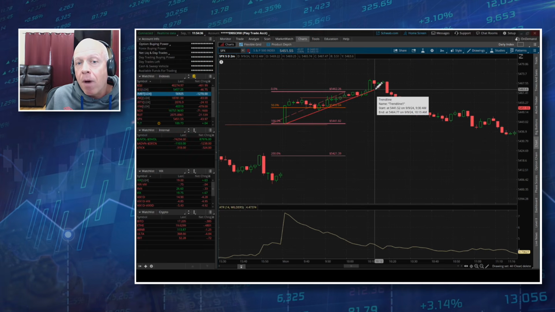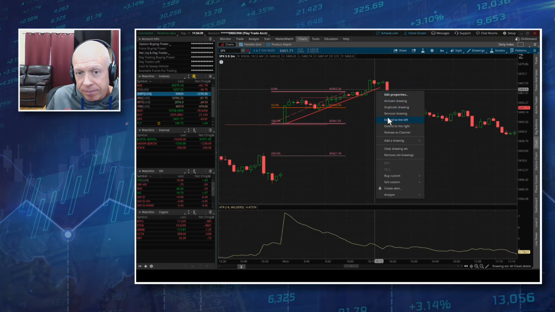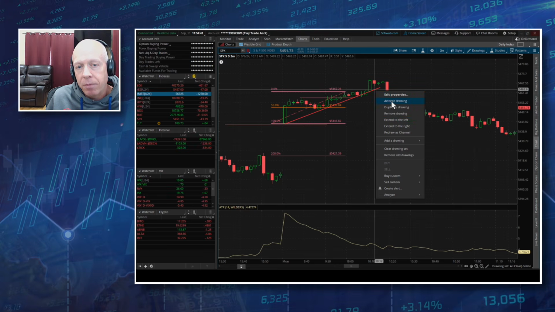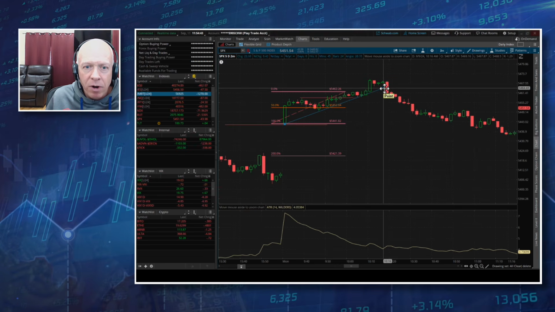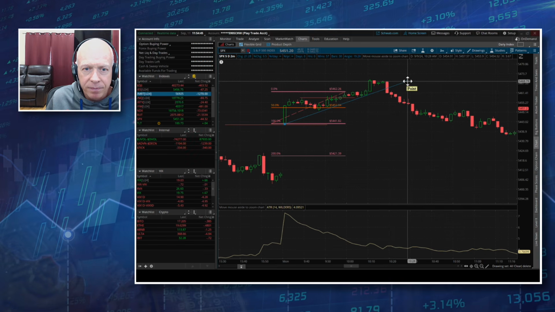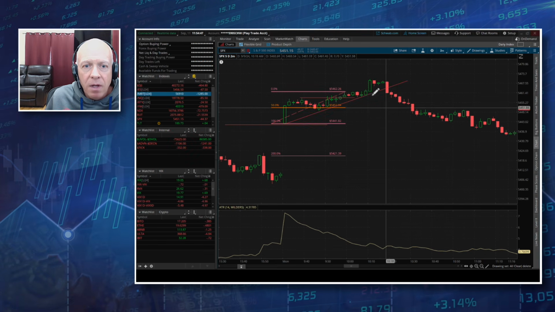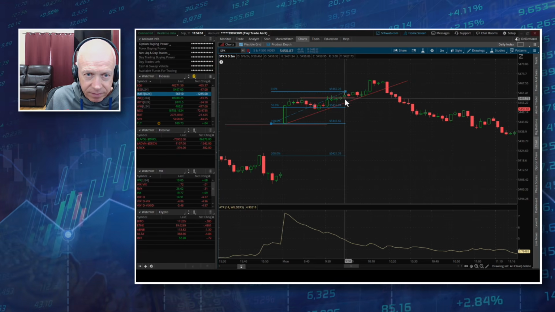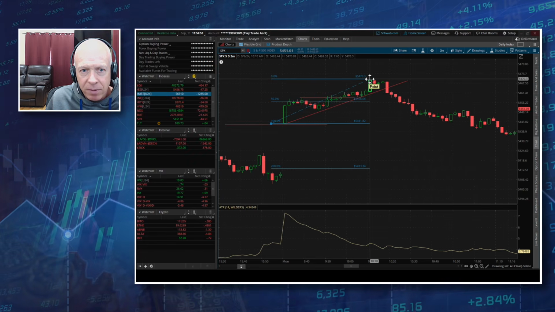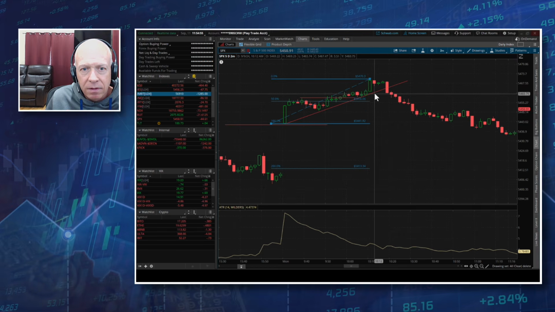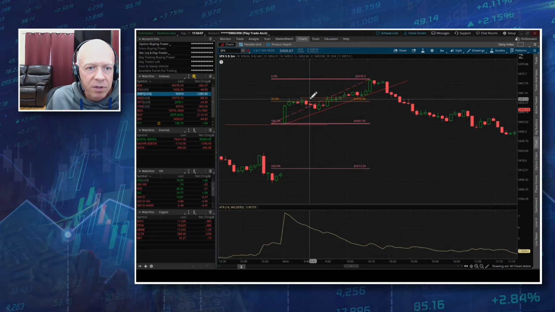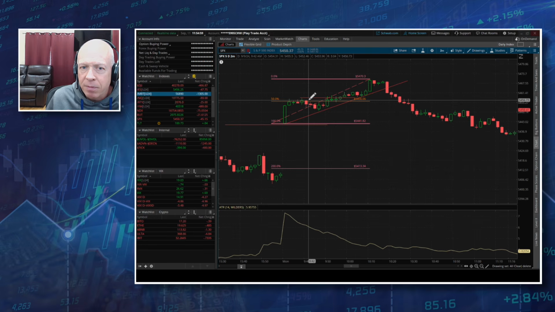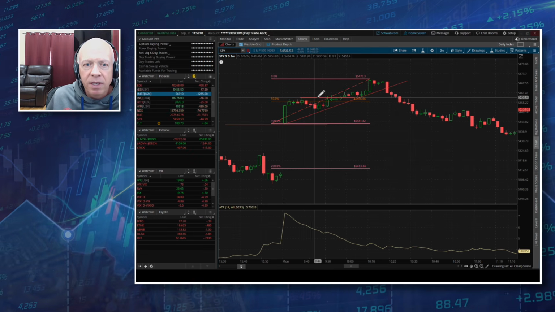But now I want to modify my trend line. I want to activate my drawing. I want to modify my trend line. I also, now that this broke out, want to move this up into my new high. This becomes the new important level from a 50% perspective.